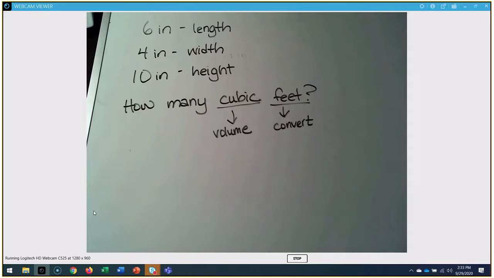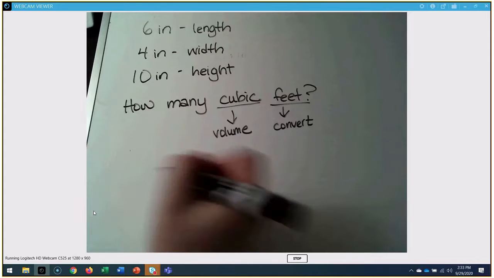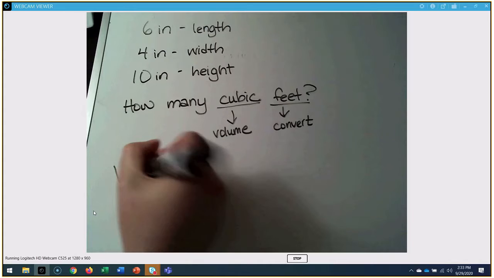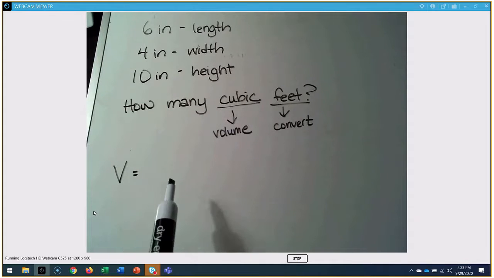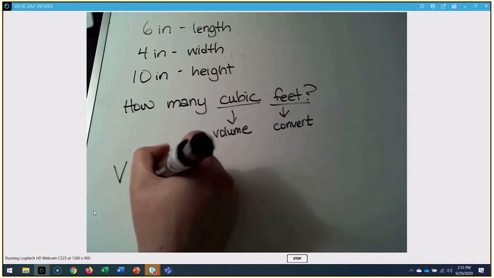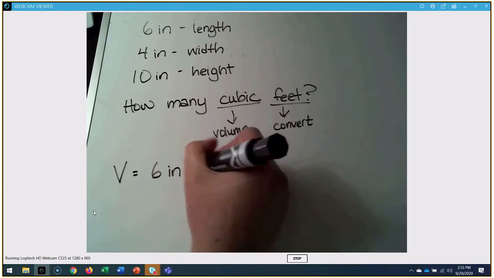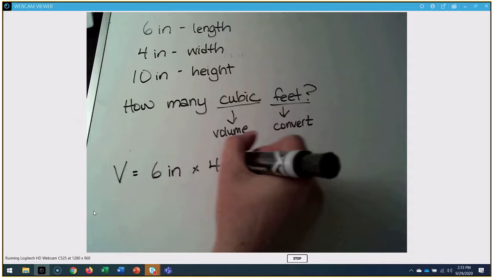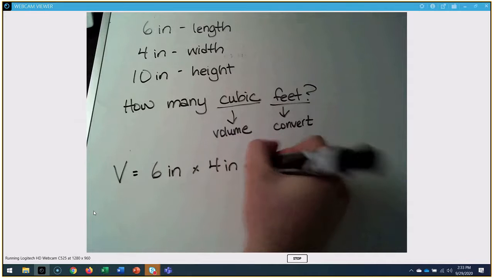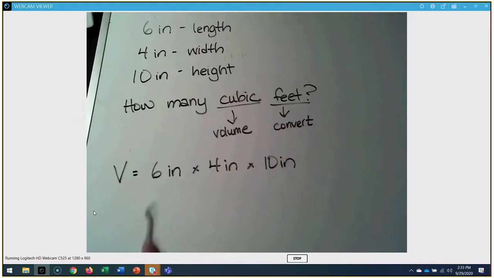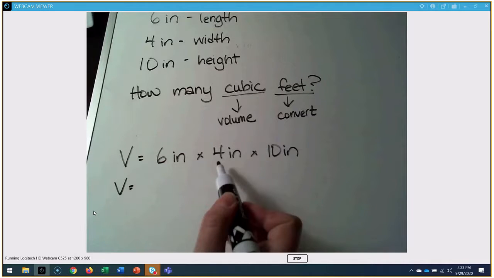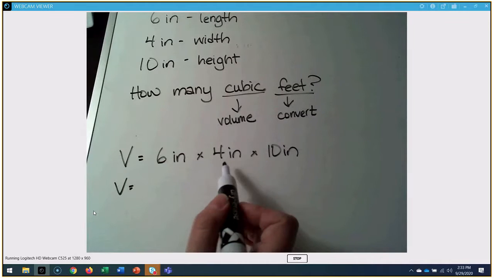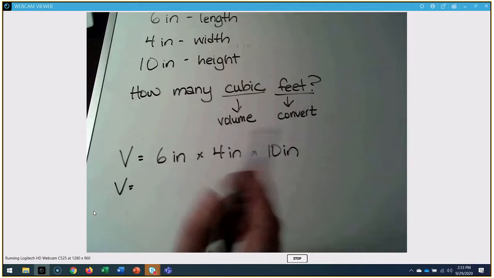So first, let's go with volume. Since that planter is rectangular, it's a rectangular prism, to find its volume, we're going to do 6 inches times 4 inches times 10 inches. So 6 times 4 is 24, and 24 times 10 is 240.